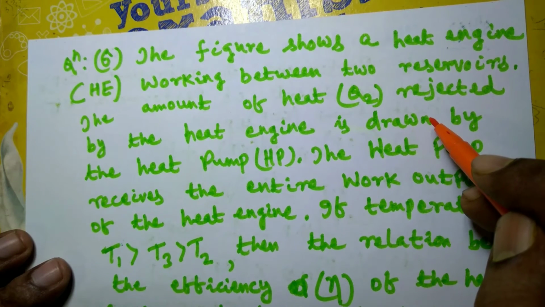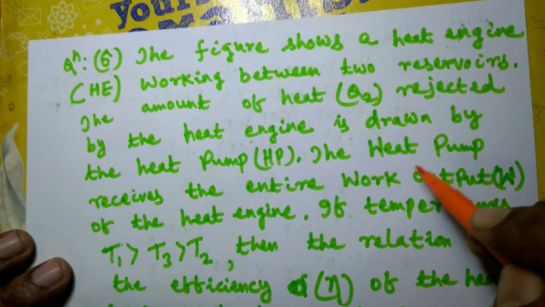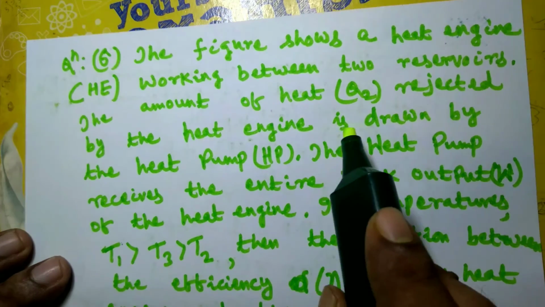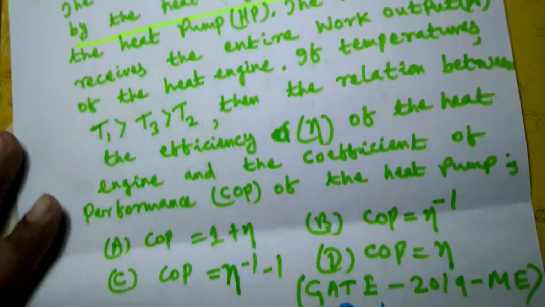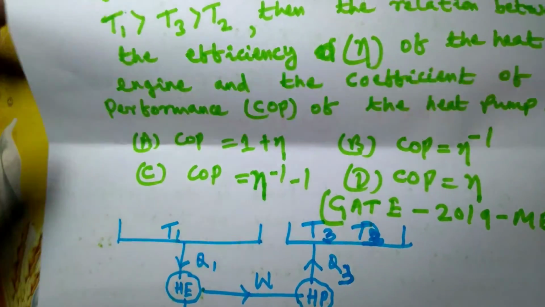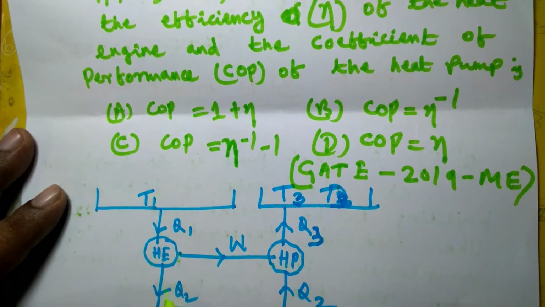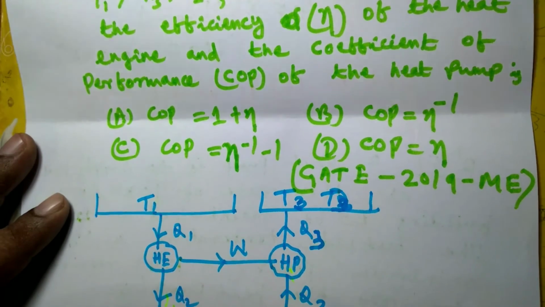The amount of heat Q2 rejected by the heat engine is drawn by the heat pump. This is the important line. The amount of heat Q2 rejected by the heat engine, that is, this is the amount of heat rejected, Q2. The amount of heat rejected by the heat engine is drawn by the heat pump.